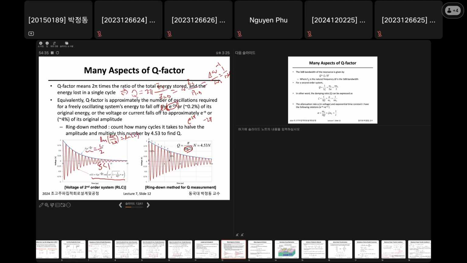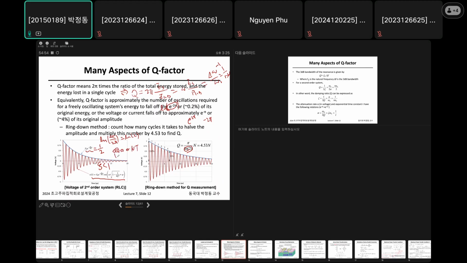Here you just count the number of cycles. So this t is just nT.